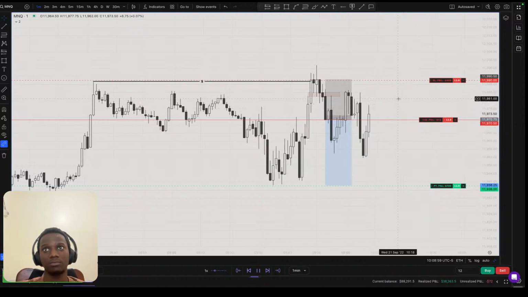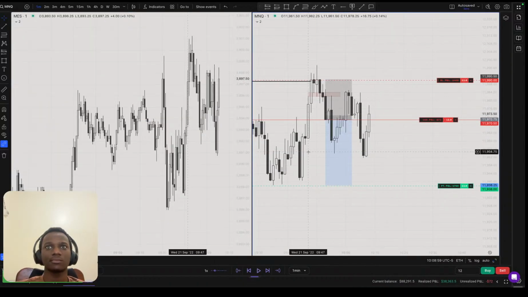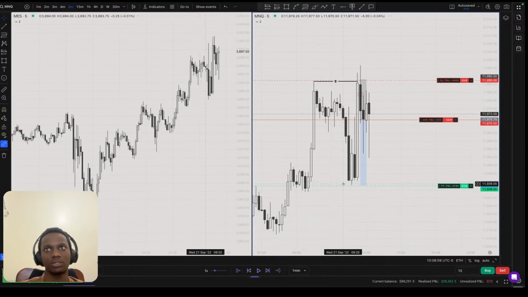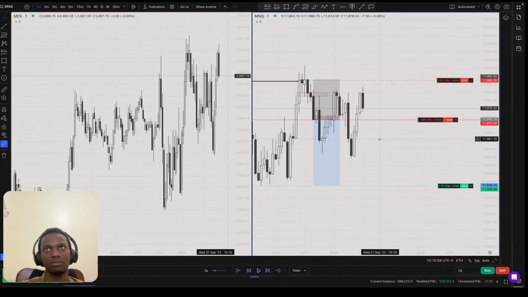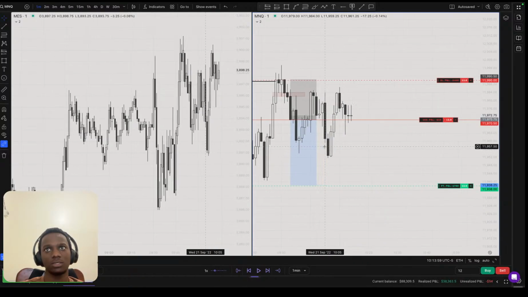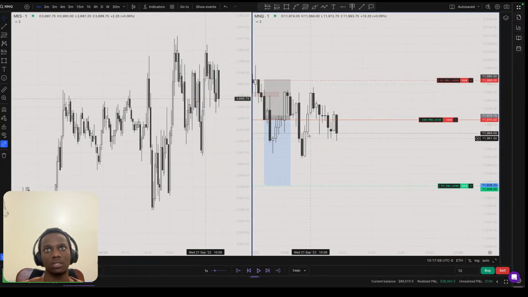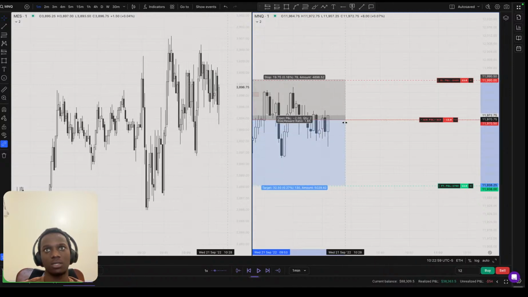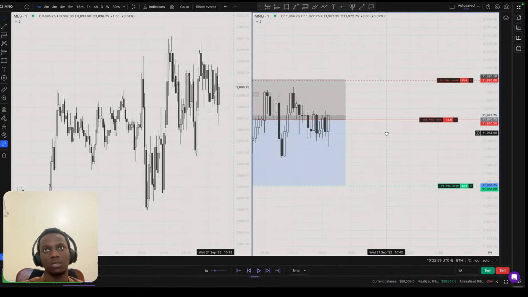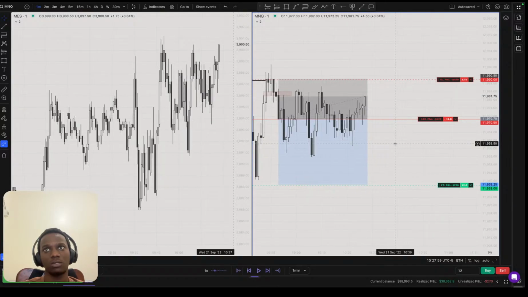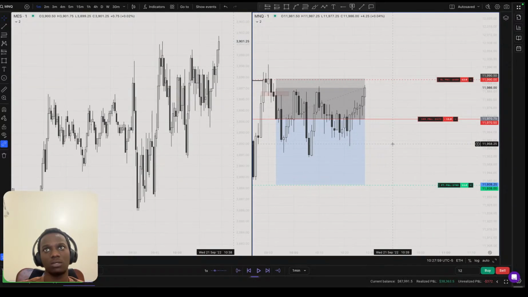Continue reversal. Yes, still, I mean, price still fails to run these lows here. Just leaving behind wicks and wicks. There we go.